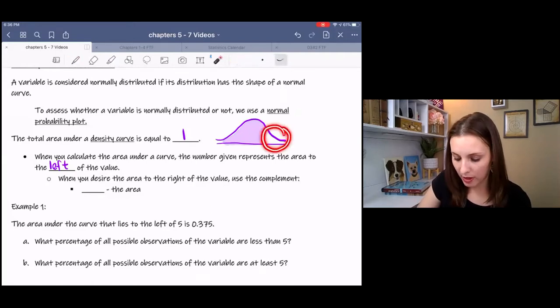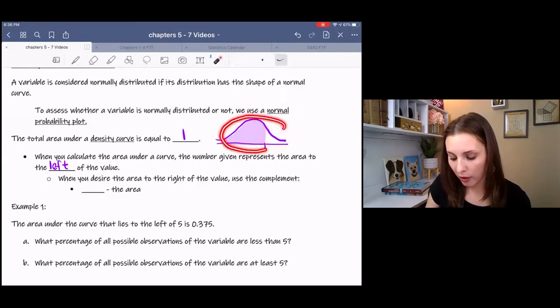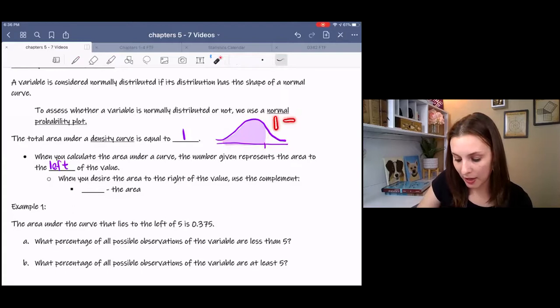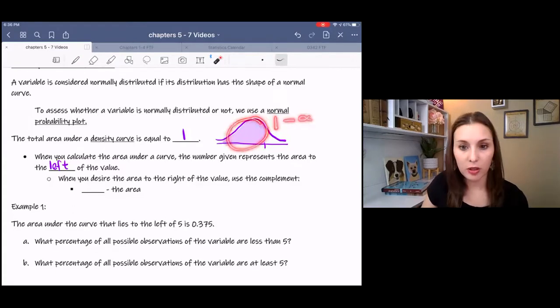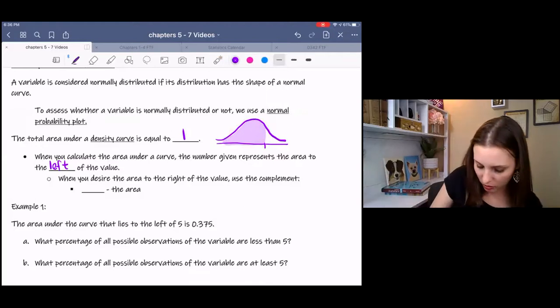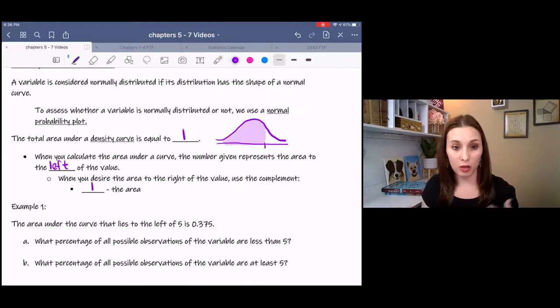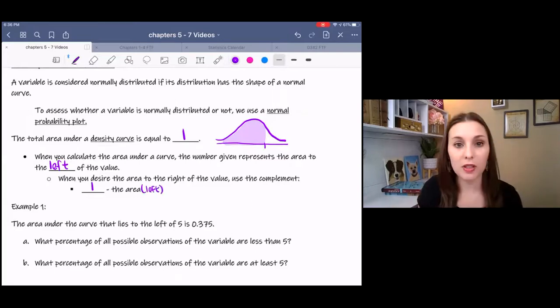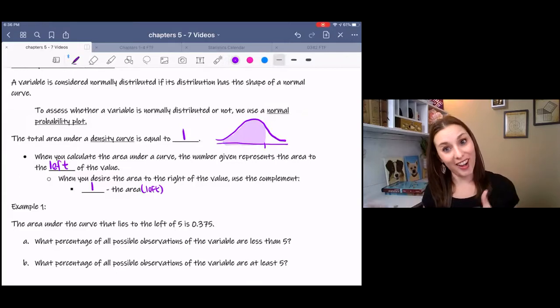We want to find this. Well, the whole area is 1. And so to find the missing piece, we can do 1 minus this purple stuff, and that will give us the area to the right. So 1 minus the area of the left will give us the area to the right, which is the complement.